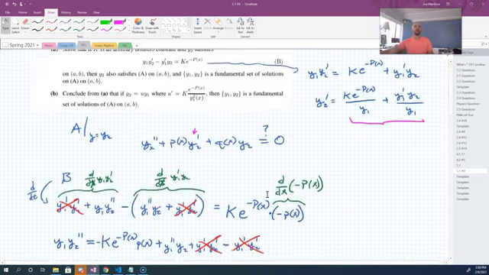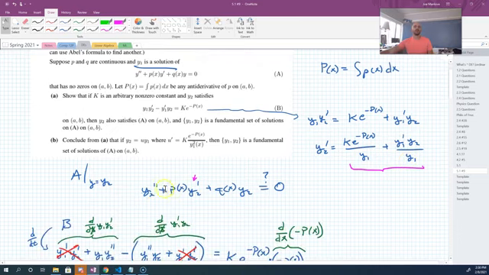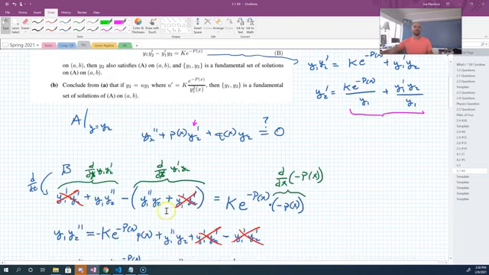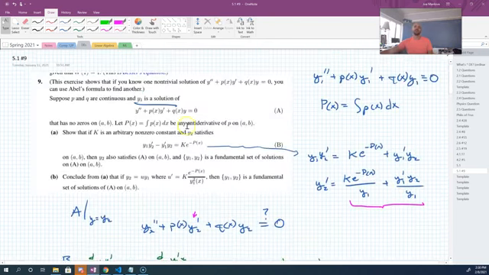So the gist of it was, we solved this for y2 prime, and then we differentiated and plugged in for y2 double prime, y2 prime, and y2. And then we just noticed that a whole bunch of stuff cancels. So it is in fact the case that if I have y1 that solves this thing, I can get another one by solving this other differential equation, which is nice because this is first order and I can solve those.